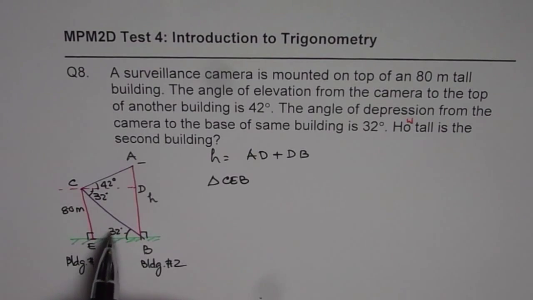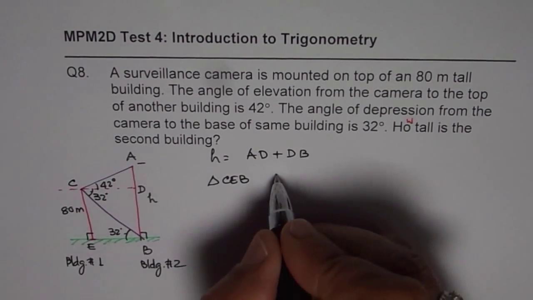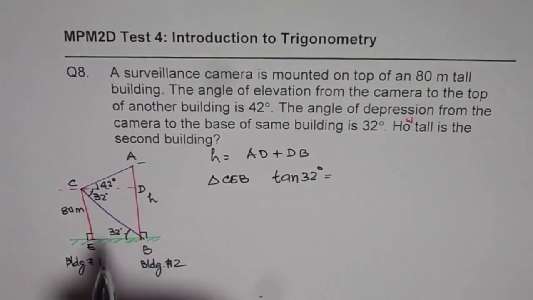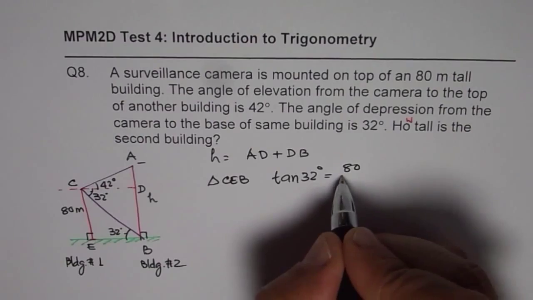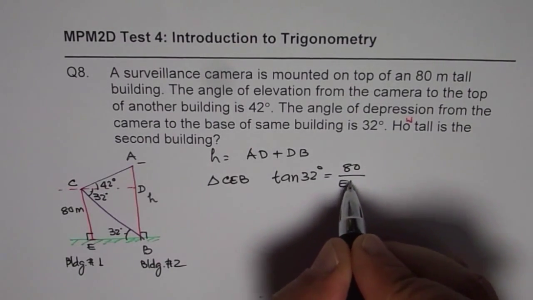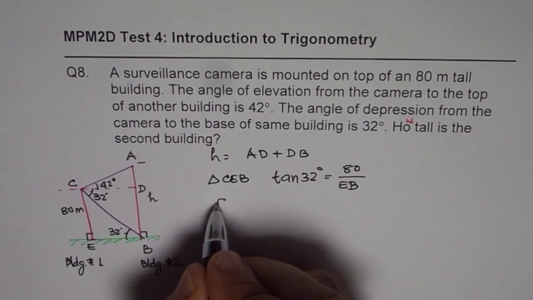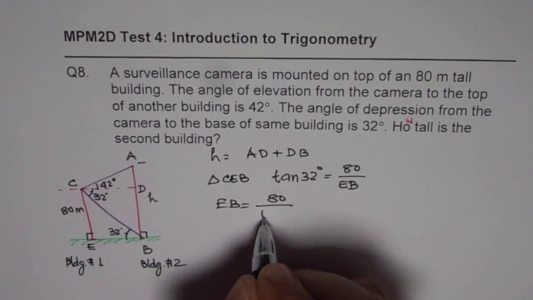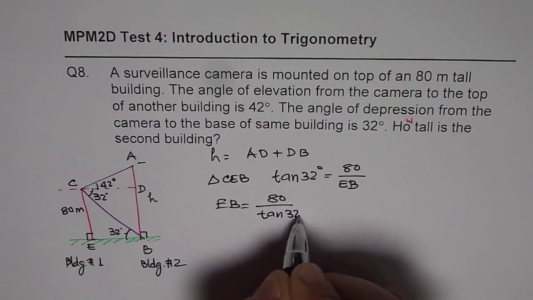You know the angle, the opposite side, and you want to find the adjacent side. So you should be using tan of 32, right? So tan of 32 degrees is equal to 80 divided by EB. So EB is equal to 80 divided by tan of 32 degrees, correct?